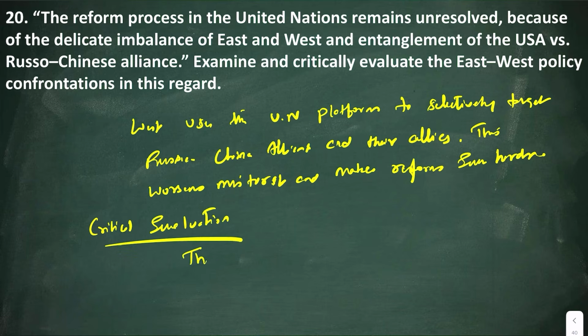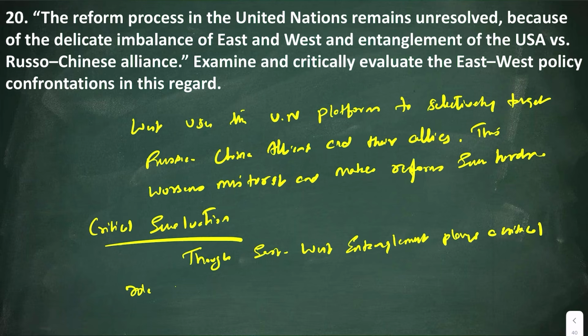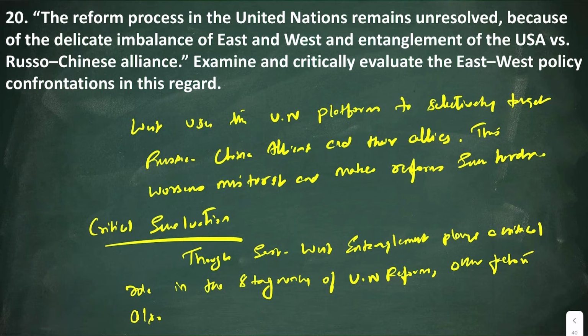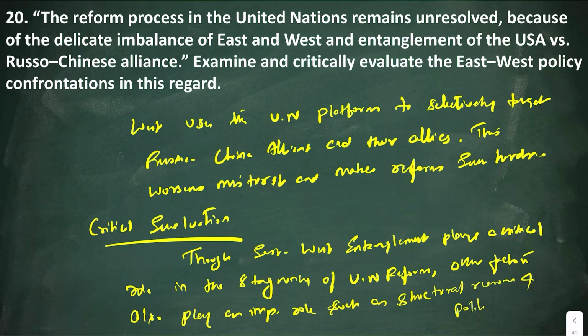Though East-West entanglement plays a critical role in the stagnancy of UN reforms, other factors also play an important role, such as structural reasons and political reasons. Structural reasons and political reasons. Let us now elaborate this.